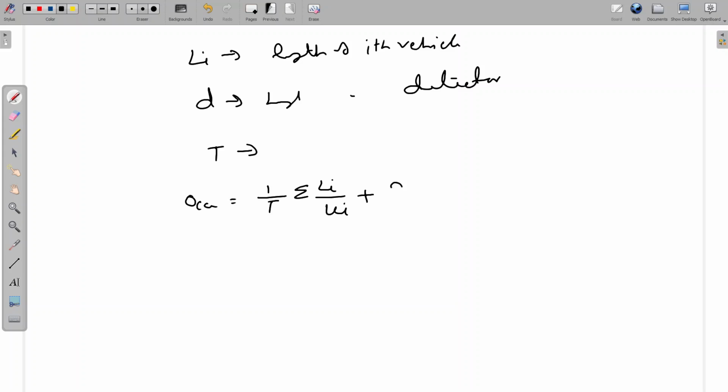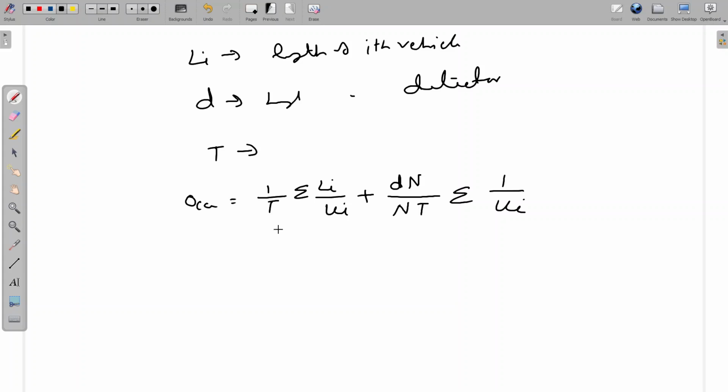I am multiplying this D by n and dividing it by n, and multiplied by T, as it is, I am writing summation of 1 upon Ui. The question is, what is that n? N is the number of vehicles that have crossed the detector.